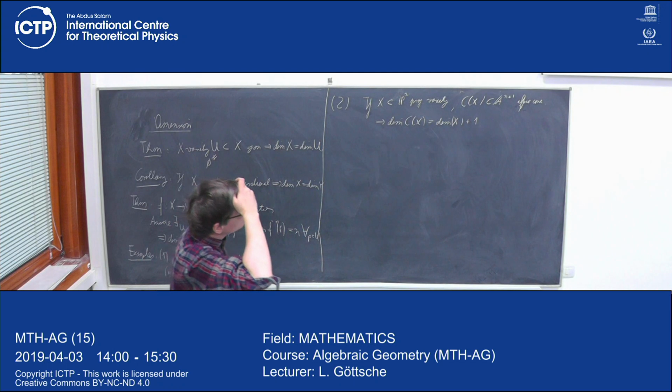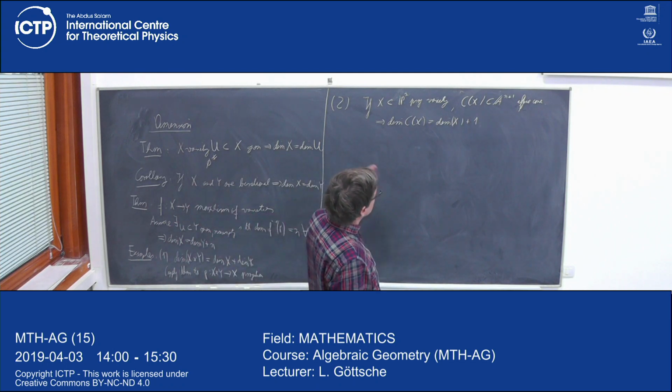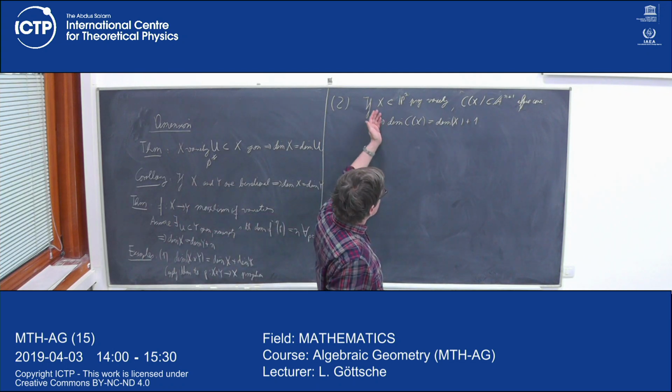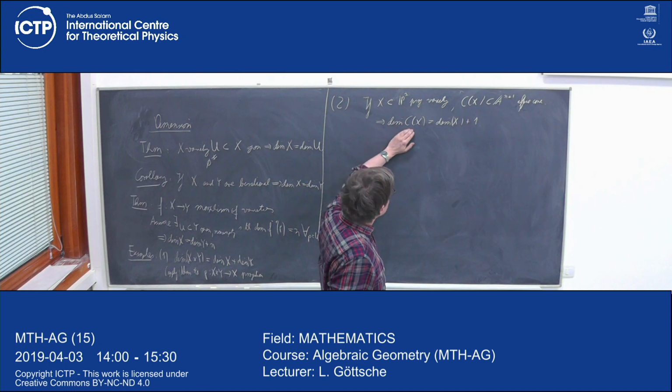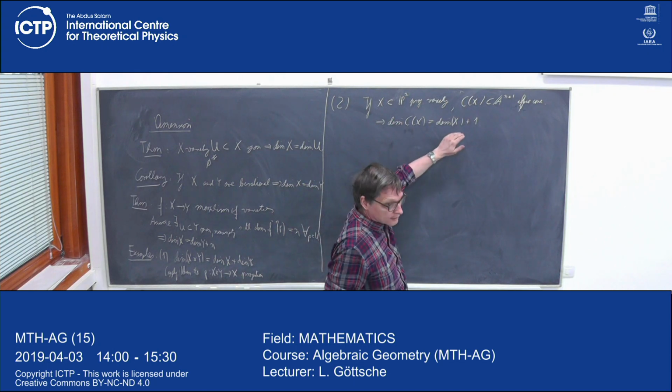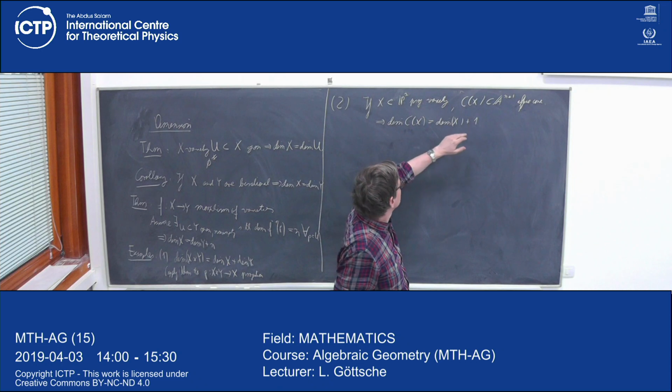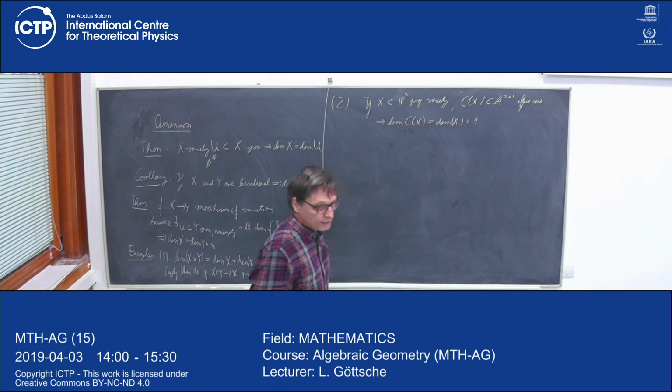And this is again clear because we have a map from Cx to X, just the projection into the equivalence class.